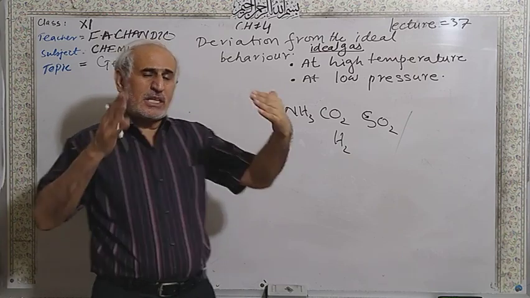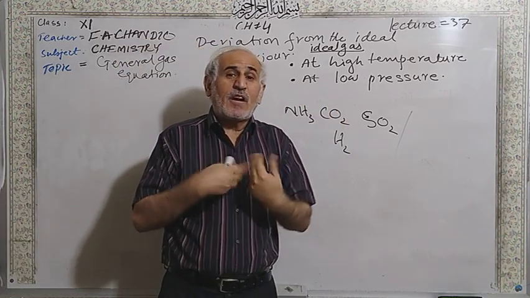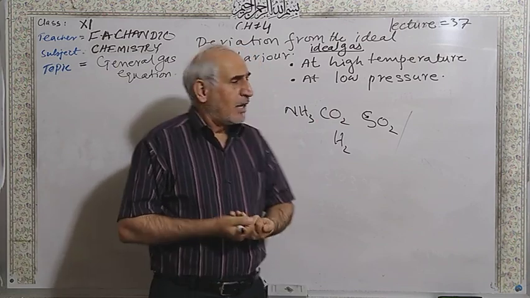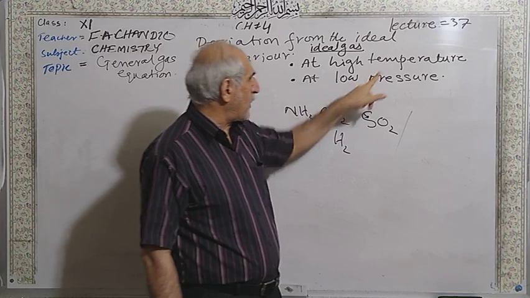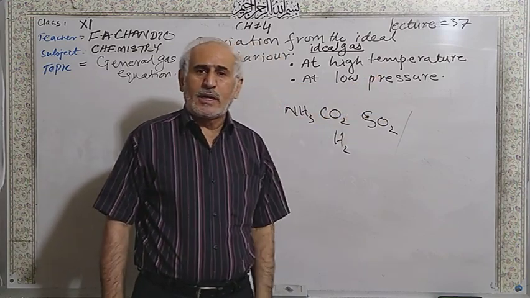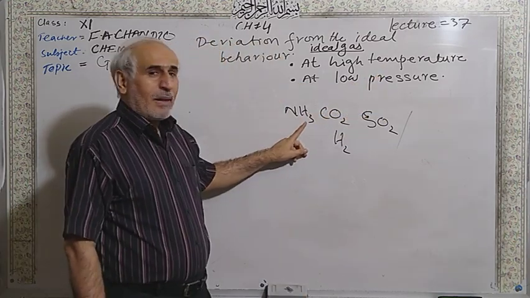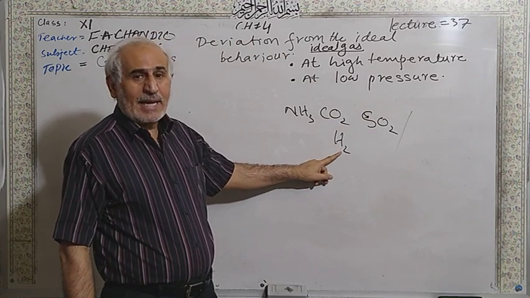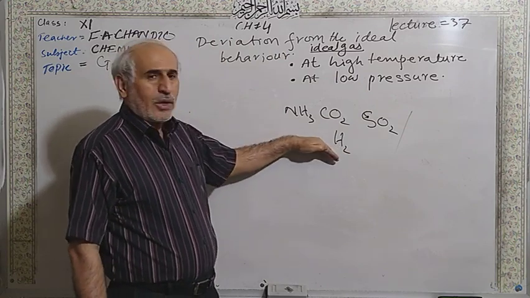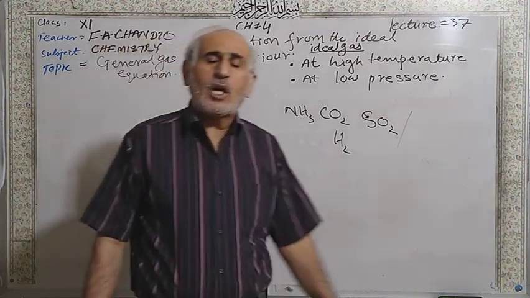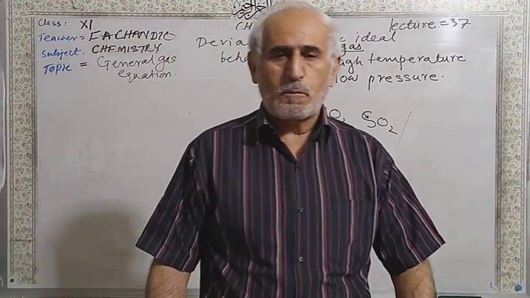So please remember these factors for the ideality of the gas. Again I am telling you, at high temperature and low pressure, gas is more ideal. And when the gas is the lightest among the other gases, or it is non-polar, it will also be more ideal.